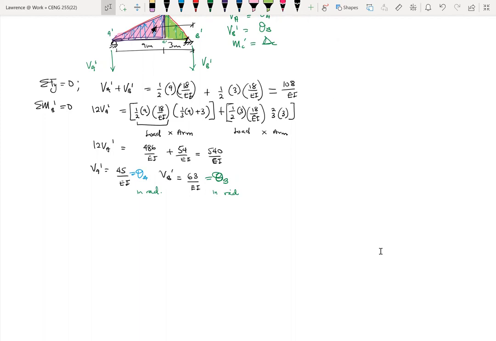So again, this is our loading configuration for the conjugate beam. And then we have these directions for the loads. All right. So since our interest is at point C, I'll cut the section into two along C. So I have a left-hand side and then a right-hand side.